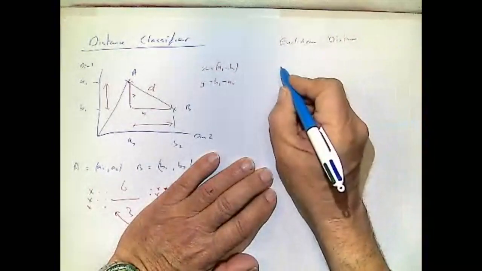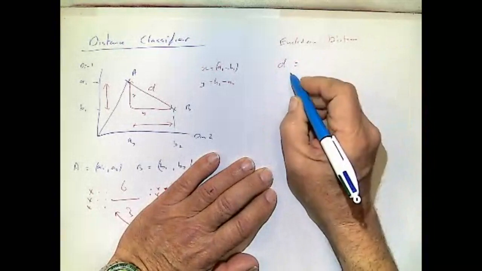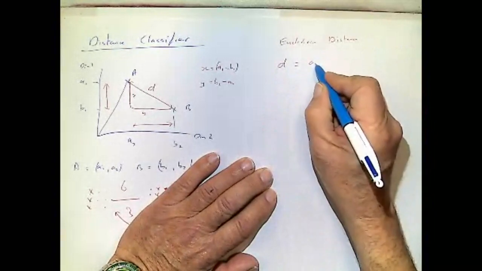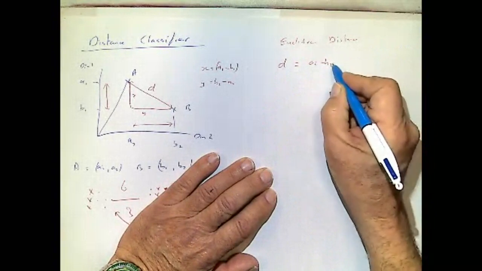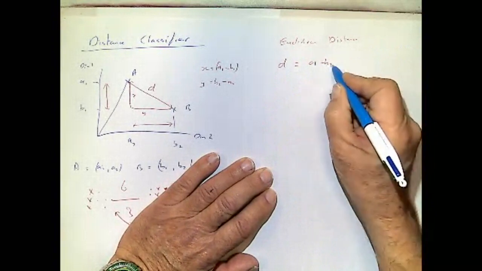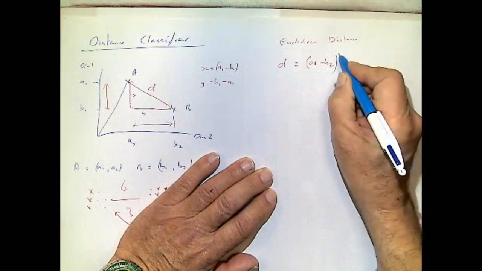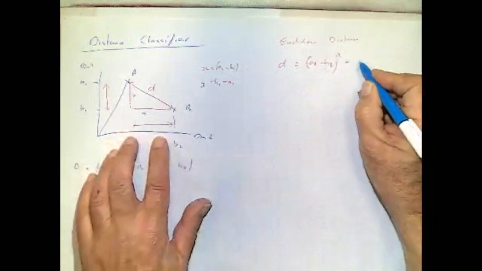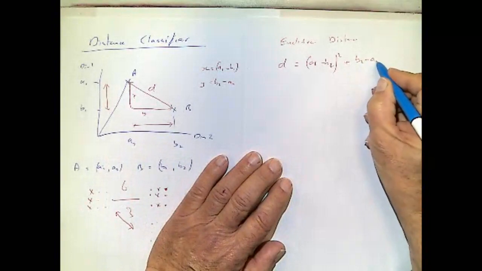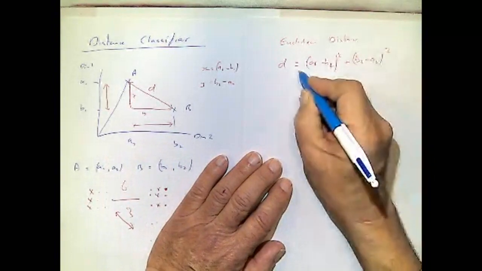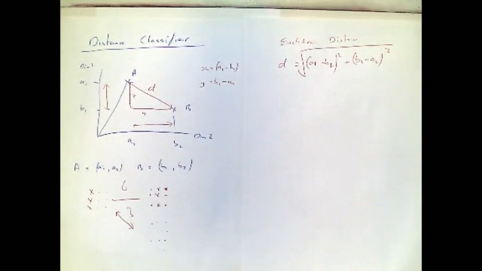In 2 dimensions, d is going to be equal to a1 minus b1 squared, plus this distance, which is b2 minus a2 squared. And of course, it is the square root. So that enables you to calculate d.